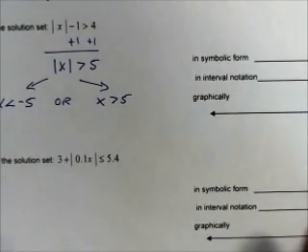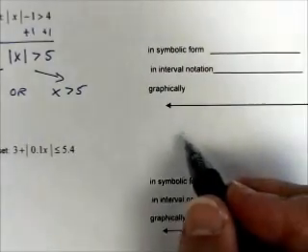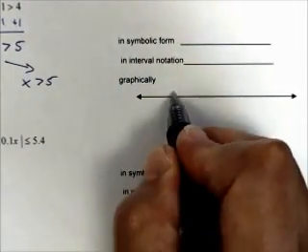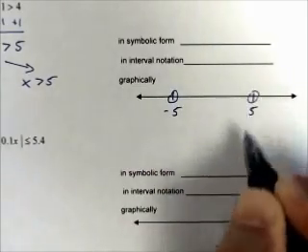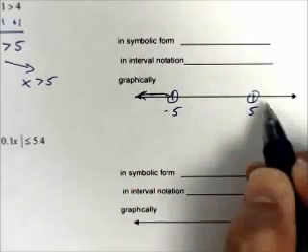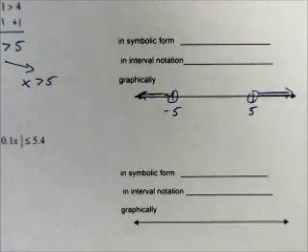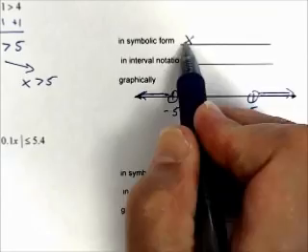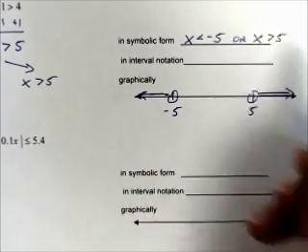Let's represent the solution graphically, symbolically, and in interval notation. So over to our number line, negative 5 and 5, circle each. Less than negative 5, shade to the left. Greater than 5, shade to the right. Symbolically, we have it already. x is less than negative 5, or x is greater than 5.